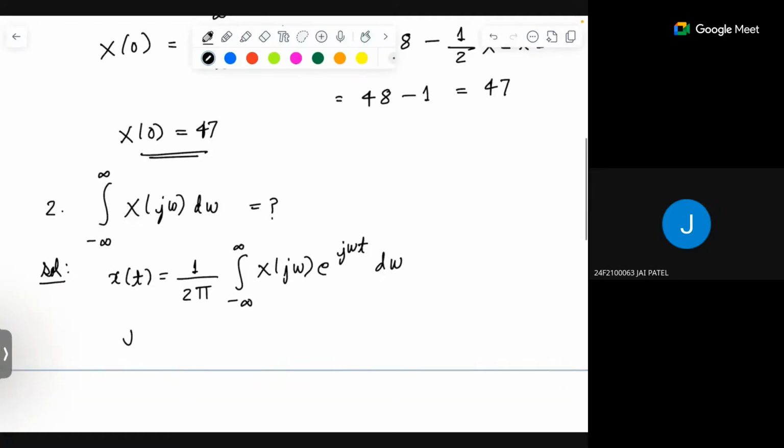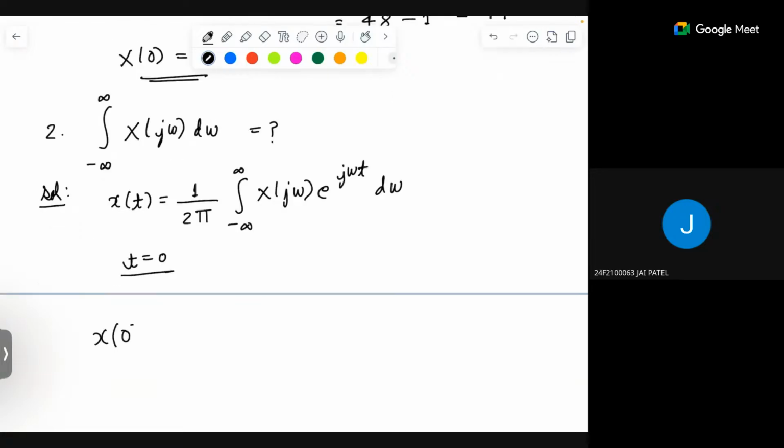Let us put t equal to 0 in this equation. So I have small x of 0 equal to 1 upon 2 pi integration from minus infinity to infinity of capital X of j omega, and e raised to the power of 0 is 1, d omega.